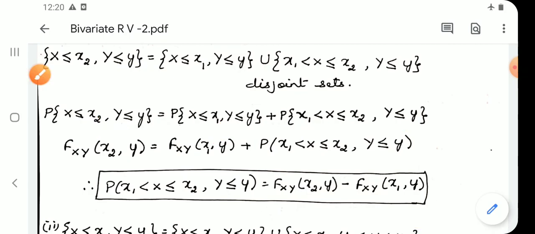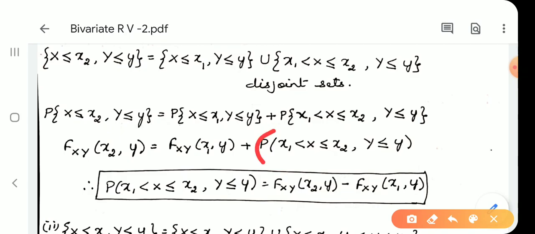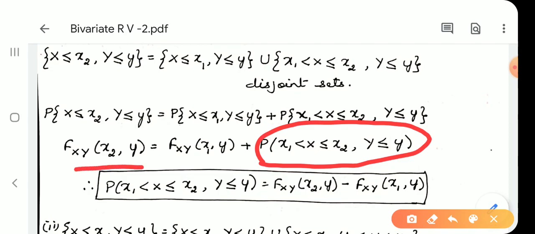So the value of P of x1 less than X less than or equal to x2, comma Y less than or equal to y now becomes F_XY of x2 comma y minus F_XY of x1 comma y.